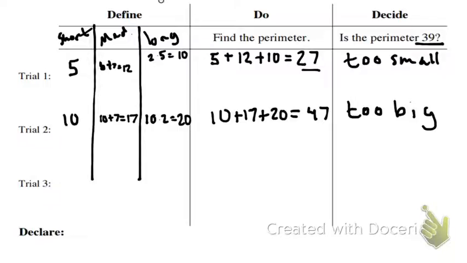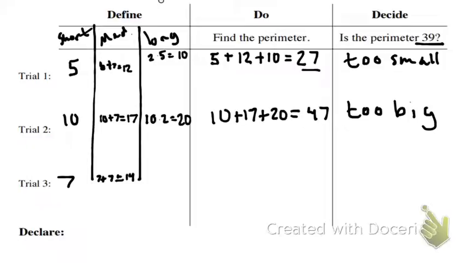For trial 3, now make sure if at any time I'm going too fast and you haven't been able to write enough, pause the video. Alright, trial 3. I'm somewhere between 5 and 10. I'm going to go ahead and guess a 7, which means that we're going to have 7 plus 7 here equal to 14.